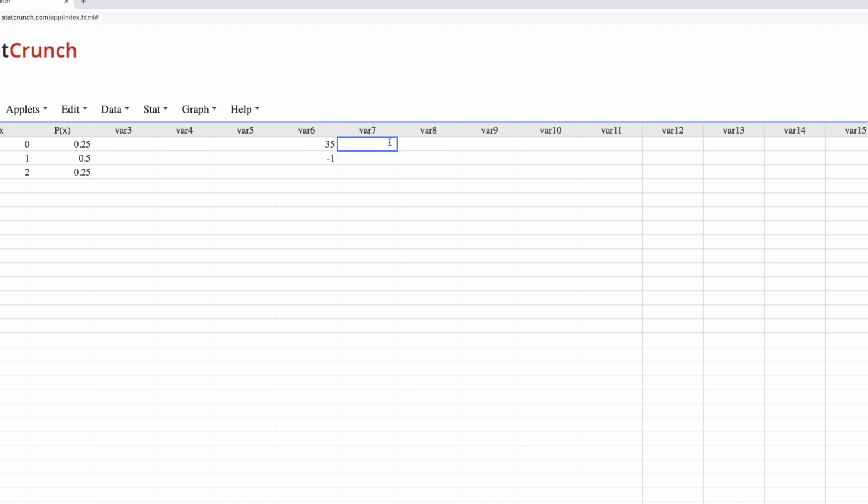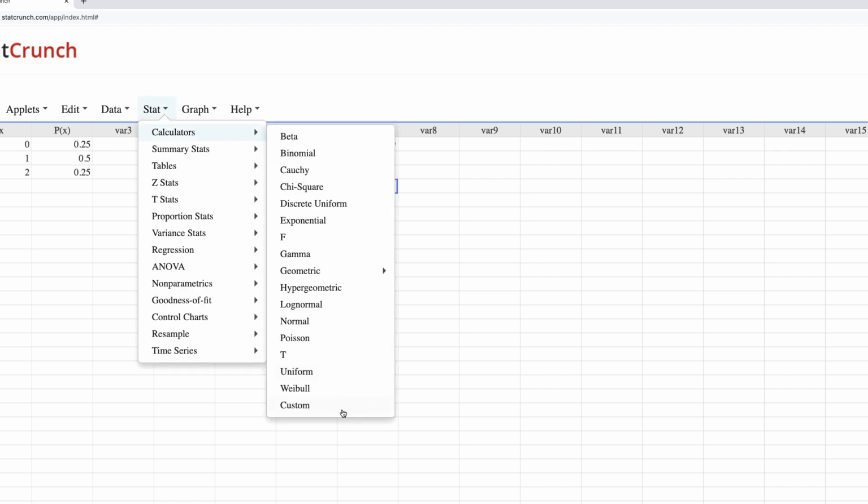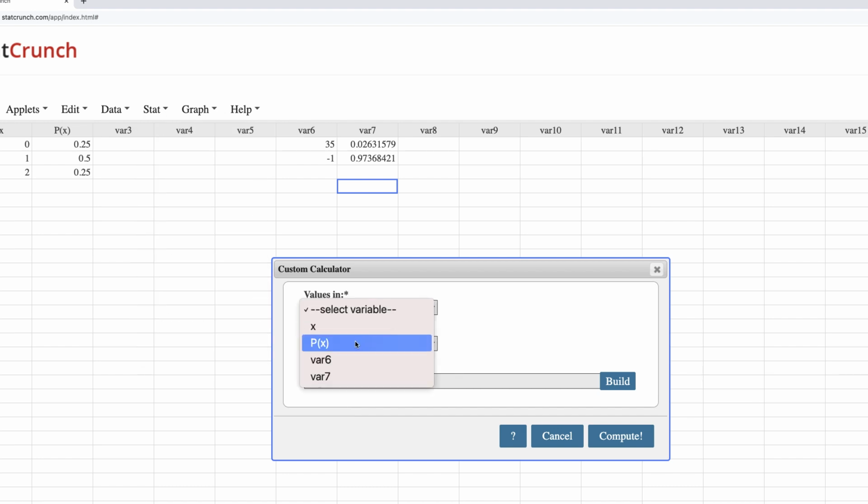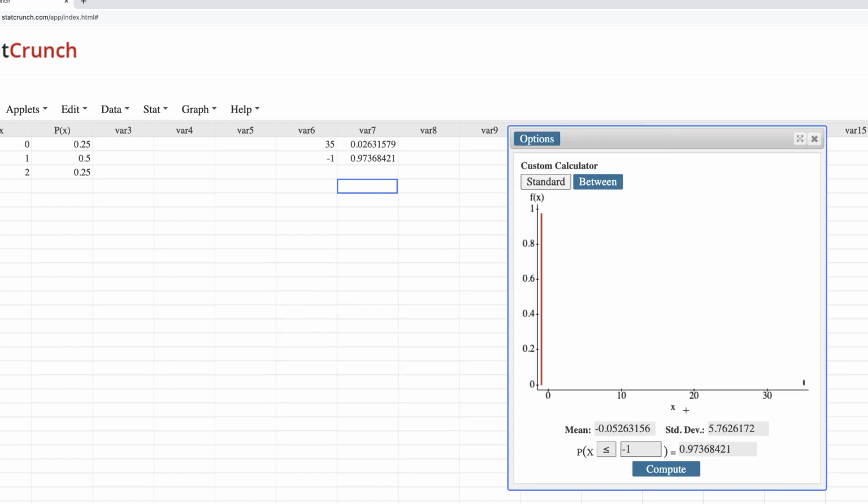I have to put the probabilities as decimals, so 1/38 will be 0.0263159, and 37/38 will be 0.9736841. Stat, Calculator, Custom. Variable in column 6 for the values, and the weights will be in column 7. Compute. There they are, and there's the expected mean, negative 0.05.